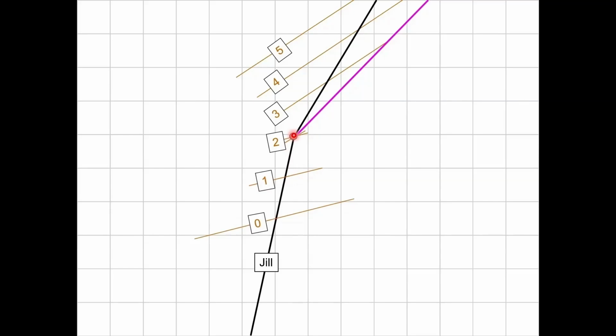Now the clock changes its trajectory with Jill, meaning the simultaneity lines change to this direction and the time interval changes to this time interval. So this is a difference of 1 second from this point on, and this is the difference of 1 second in the old world line.